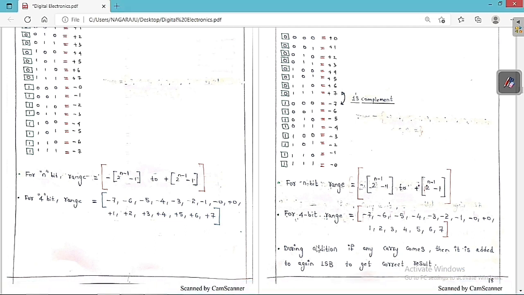This is the concept that we always need to understand, the important point about ones complement addition.